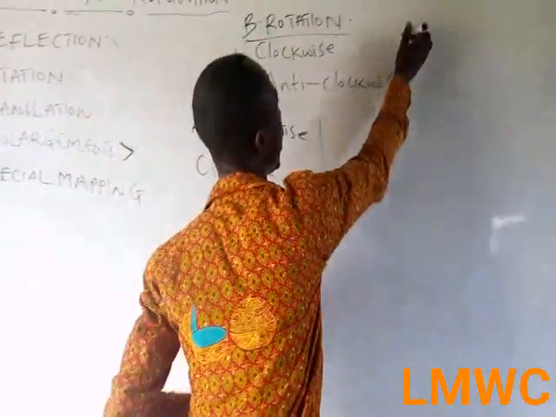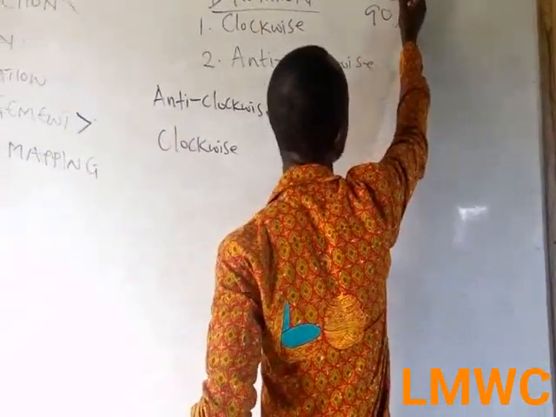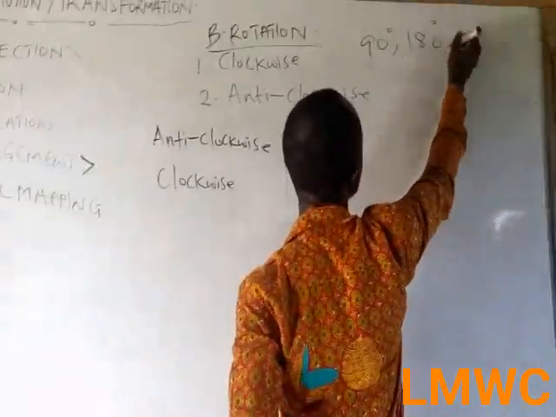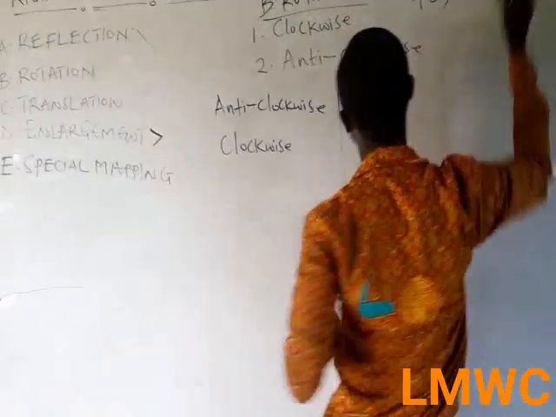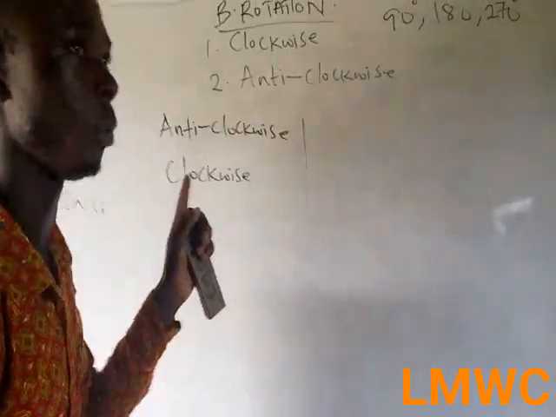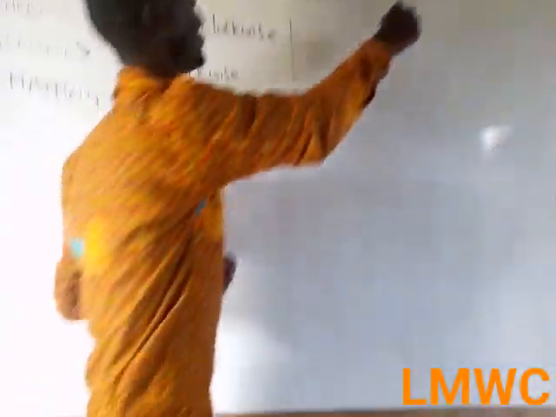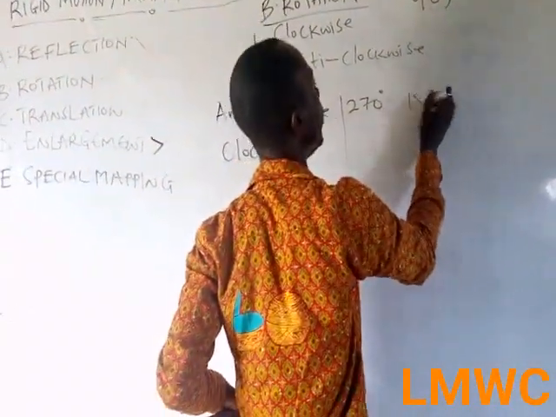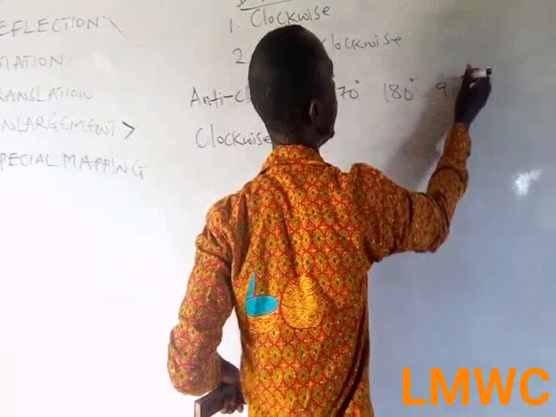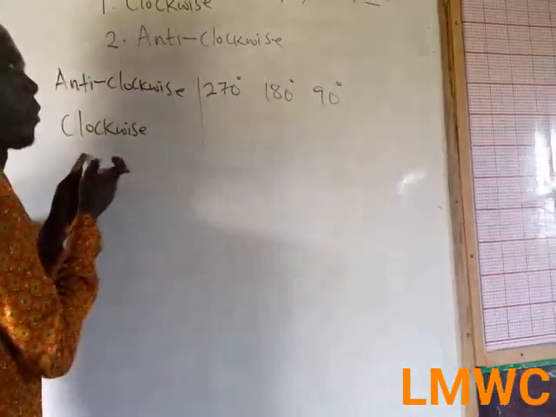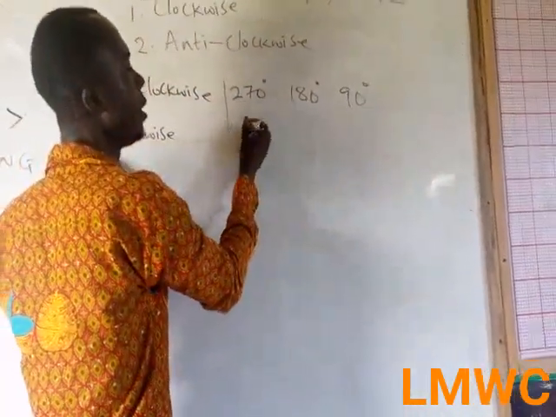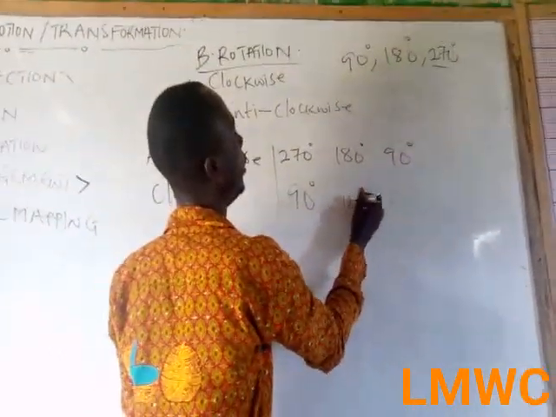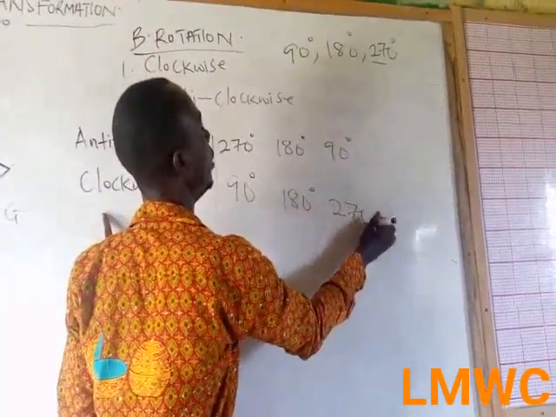So under anti-clockwise, we have now the angle of rotation. We have 90 degrees, 180 degrees, and 270 degrees. We know for the anti, it starts from the highest to the lowest. This means I'll start from 270 degrees, 180 degrees, and 90 degrees. Clockwise too will start from the lowest to the highest, so 90 degrees, 180 degrees, and 270 degrees.